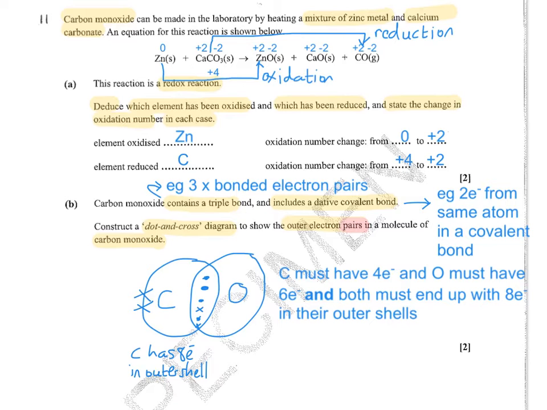The oxygen has 6 electrons in its outer shell. We've used up 4 of them, so we now put 2 there. So oxygen has 8 electrons in its outer shell. So that gets that question done, or at least that page. There is now part C to go on to.